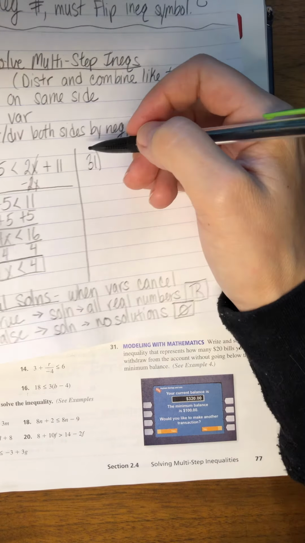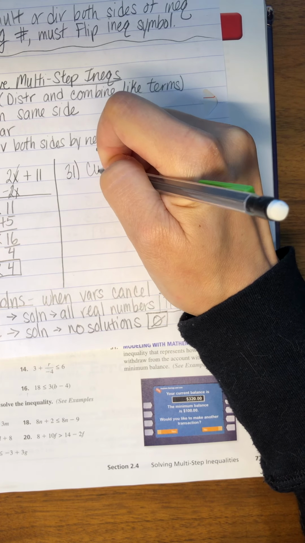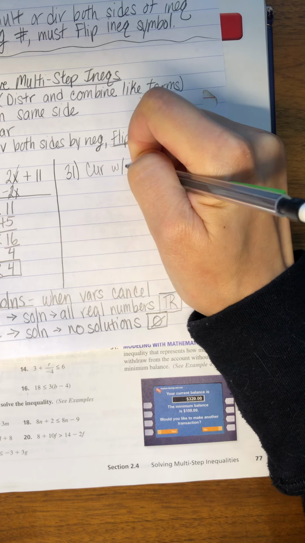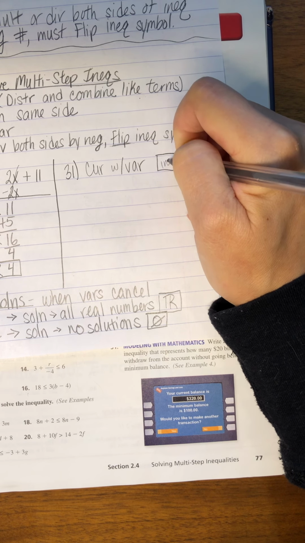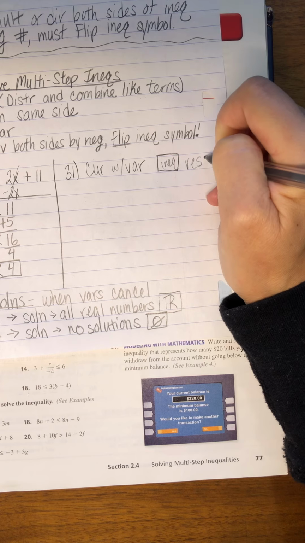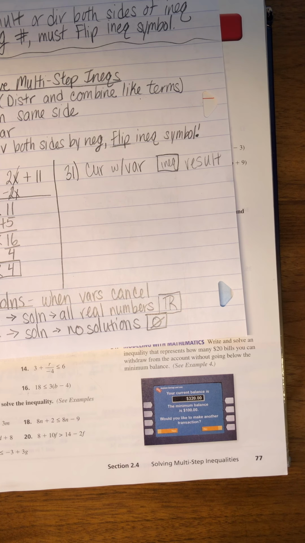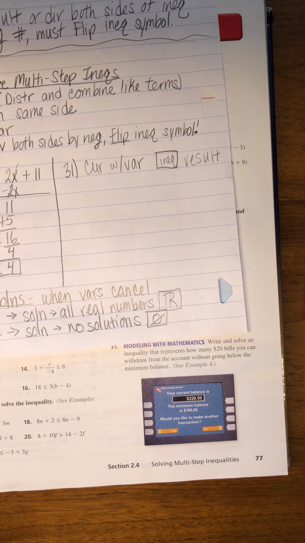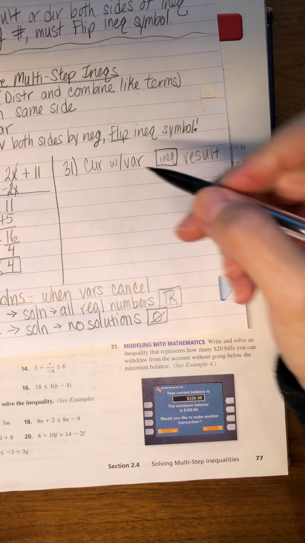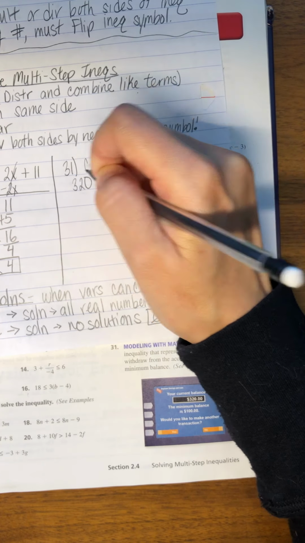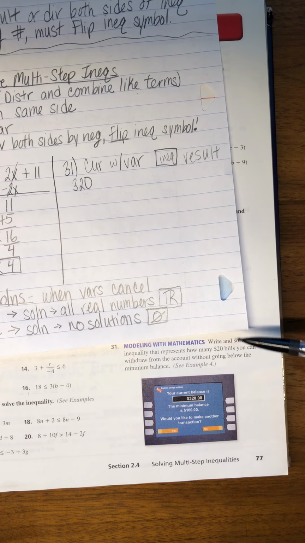Remember, when you write your inequality, we want the current situation with the variable, then we'll have our inequality symbol, and then we'll have the result over here on the right. Okay, so let's think about what we have here. We have our current balance. Our current balance is $320. That goes with current. We are withdrawing $20 bills.